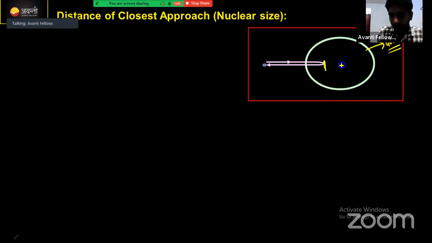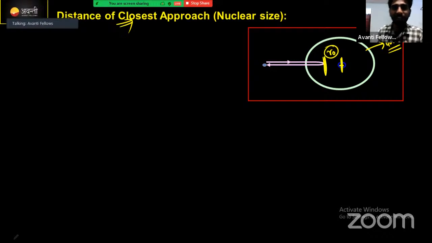From this point to the center of the nucleus, whatever the distance is, we call it R naught. This is what we call the distance of closest approach. How close it came before going back. We need to calculate this.